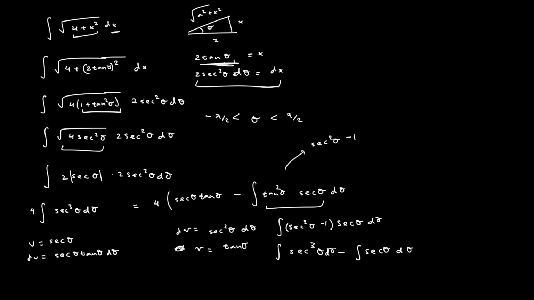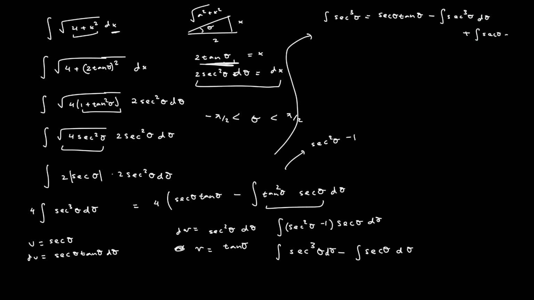So to summarize all of what we have so far, we have that the integral of secant cubed theta is equal to secant theta times tangent theta minus the integral of secant cubed theta d theta plus the integral of secant theta d theta.